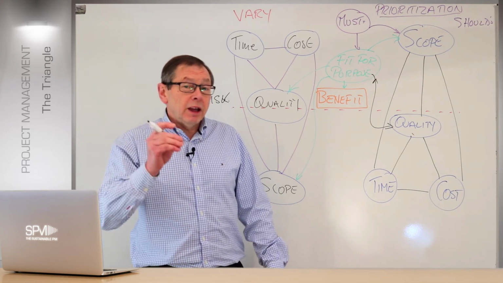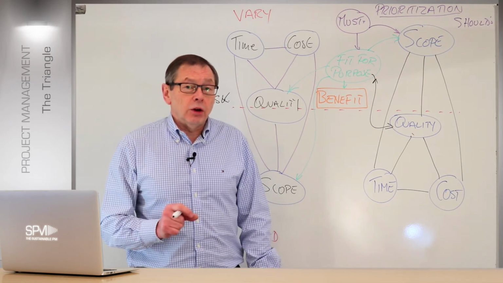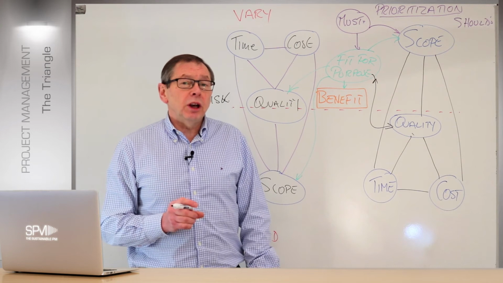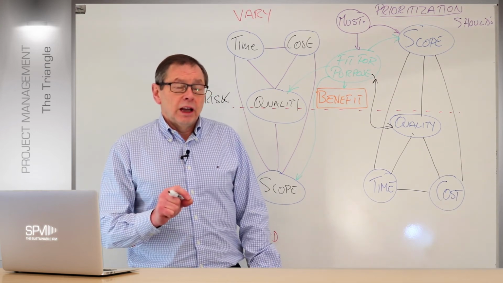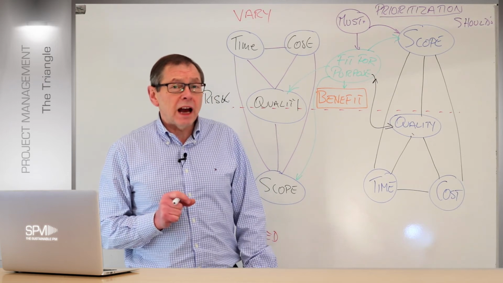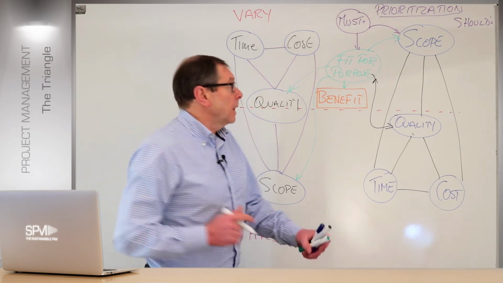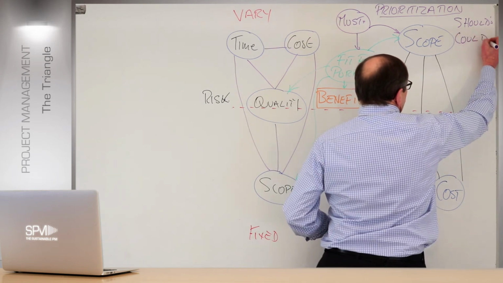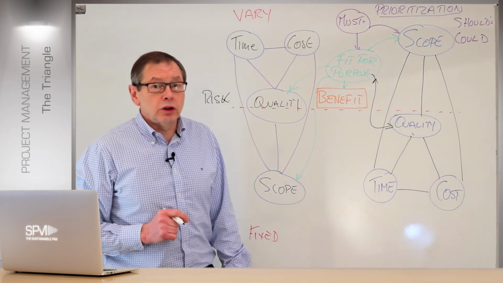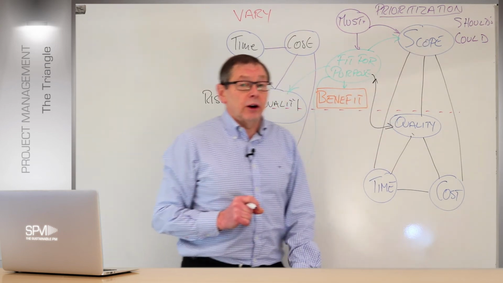One important aspect is that it all needs to give value, even those we may not end up delivering. It needs to be part of the scope if it gives value. If it doesn't give value, then really we shouldn't be having it in the scope at all, right? So we have the shoulds and we have those that we could leave out and it will not impact on the solution as much as leaving the shoulds out.